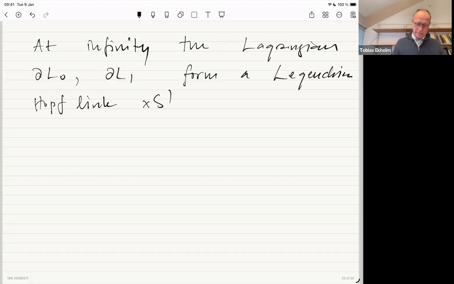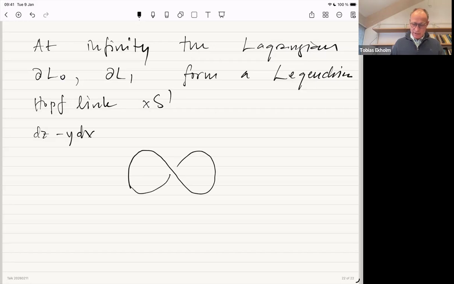Okay, so I can push it into the local patch, so I have the contact form dz minus y dx, and if I project it to the xy plane, what I see is this picture.